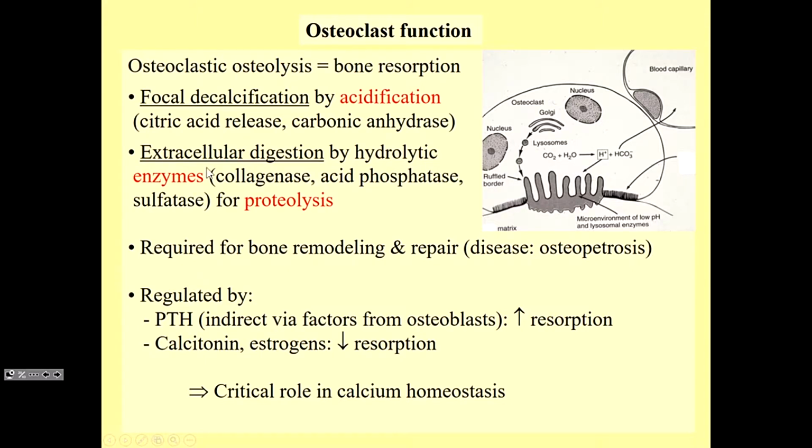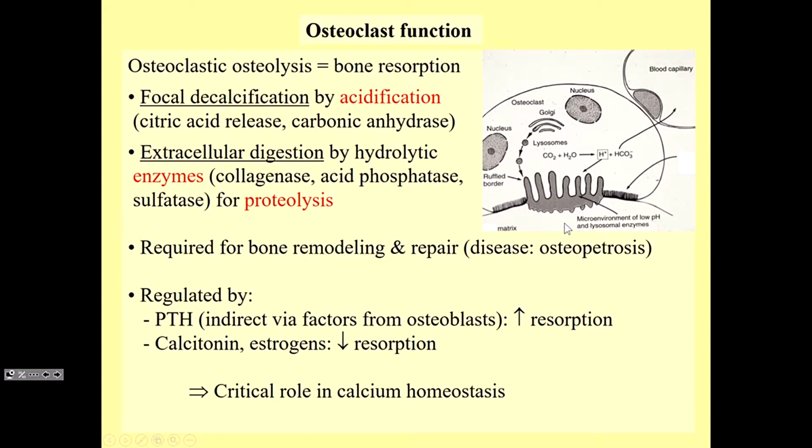And then we also have an enzymatic component to digestion, where the clast may secrete collagenases and other enzymes. So collagenase, what did I say the main type of collagen is in bone? Type 1 collagen. So you want a collagenase to digest the type 1 collagen. So that makes sense.